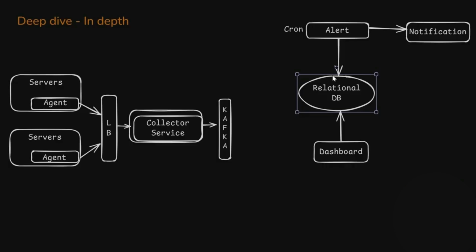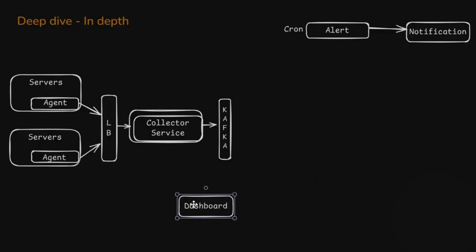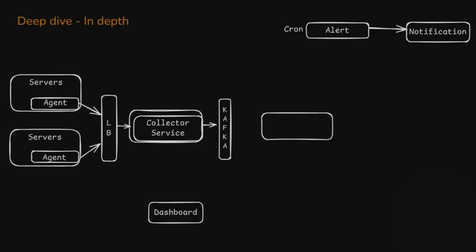So let's delete this and move this dashboard to the bottom right now. This service would be the consumer. These consumers would be a cluster group of Kafka consumers, which is nothing but a set of services consuming these Kafka messages and storing them into a database.